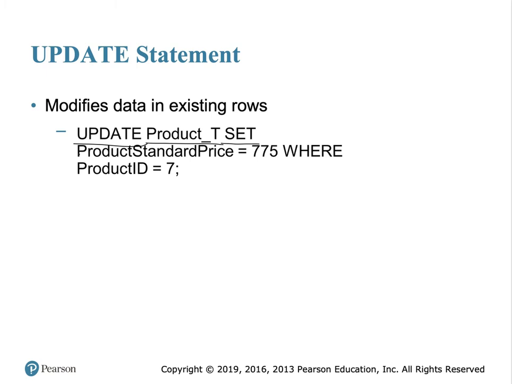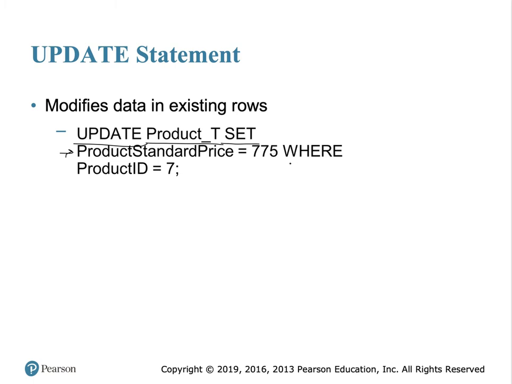So update a particular table, set, and then after set is one or more things that you're changing. Here they're specifying the column, in this case product standard price, and then they're setting it to the value 775. Presumably before this command ran, this field was either blank or had a different value, probably a different value. And now they're saying update this table and set this field to 775.